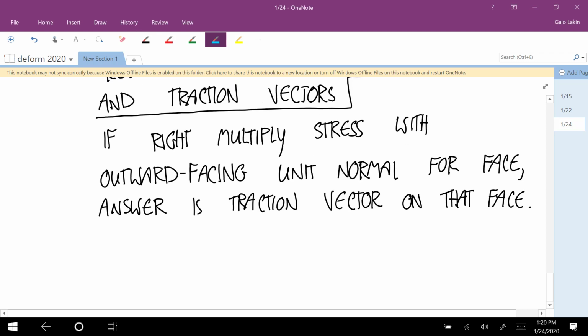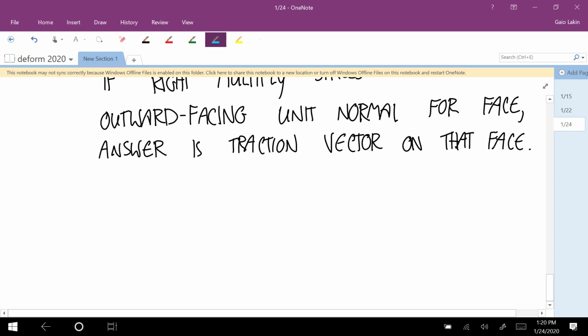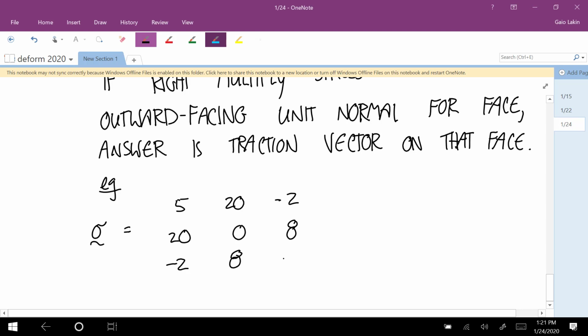Okay, so let's see how this works. So let's say, for example, your stress tensor is 5, 20, negative 2, 20, 0, 8, negative 2, 8, negative 10. Okay, that has all the symmetry that you need.